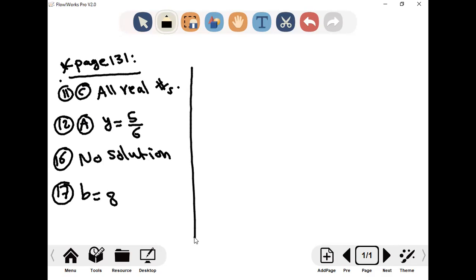Yes. Question 16, we have -5 with the absolute value of x plus 1, plus 2 equals 12.